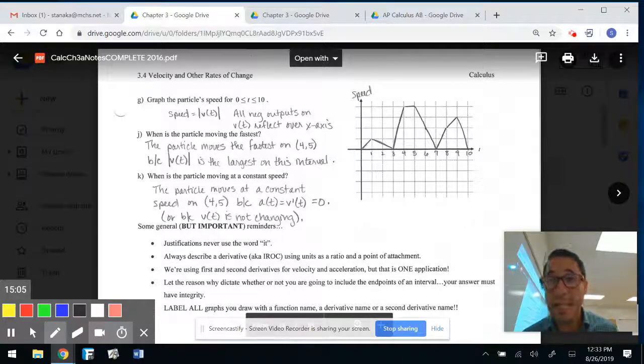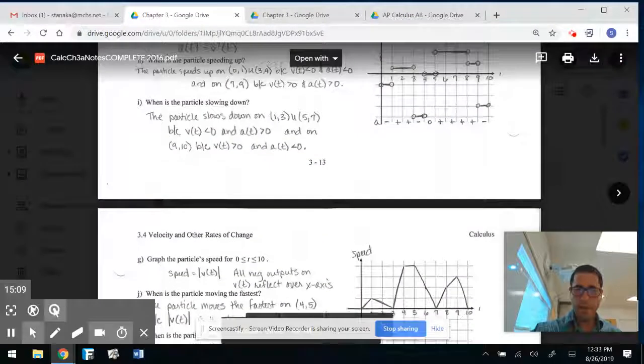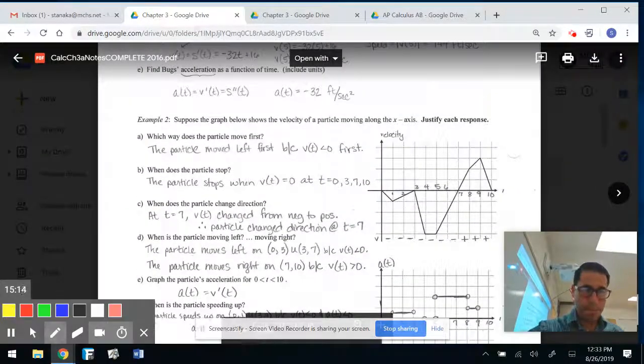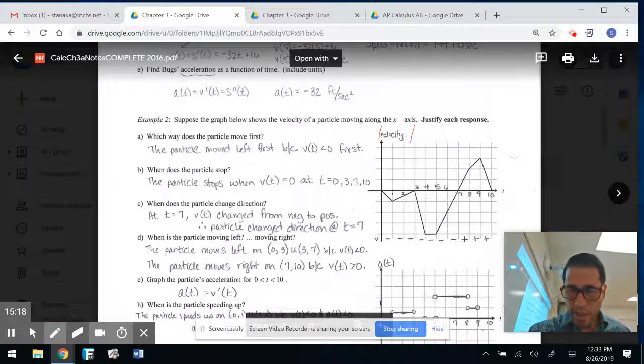Okay, we're going to graph the speed. Well, how do I graph speed? Remember, speed is the absolute value of velocity. I'm not going to be able to do a good job of this, but we just flip. Anything that was negative, we come back here and we make it positive.